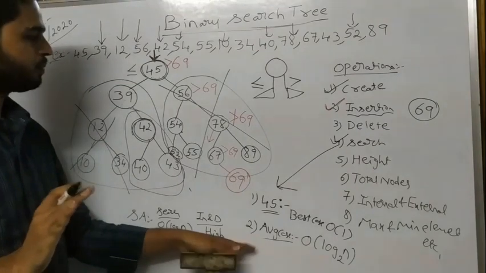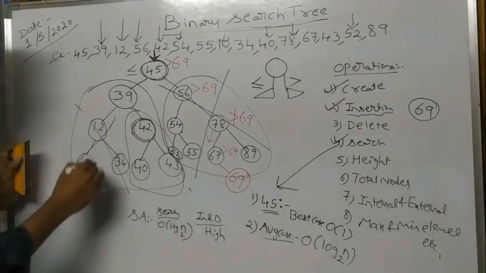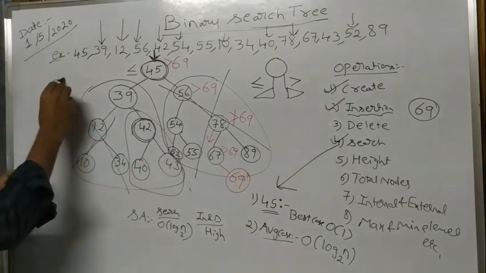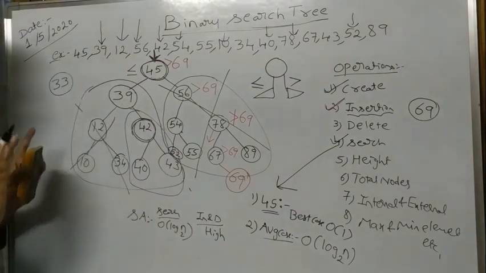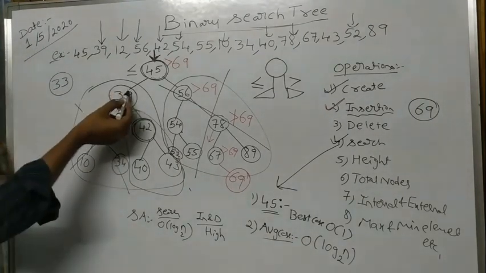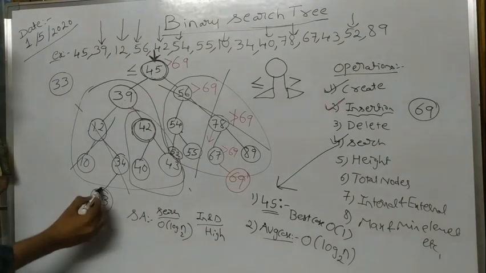Why? Because, for example, let us take I want to insert a value 33. If I want to insert 33, how many comparisons is it going to take? Only 1, 2, 3, then it is going to insert the 33 here. That's it.